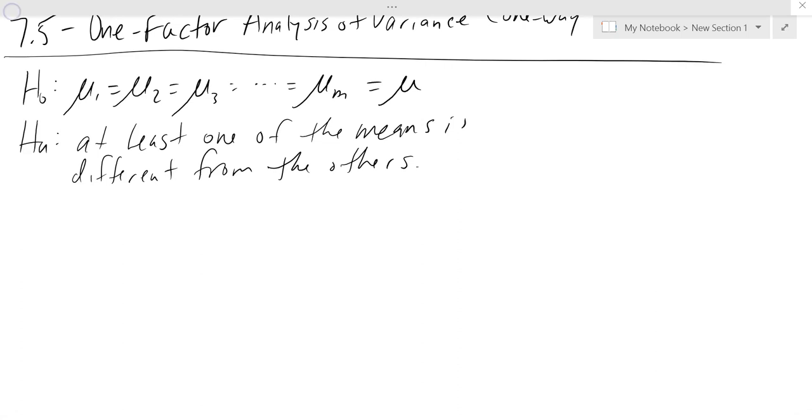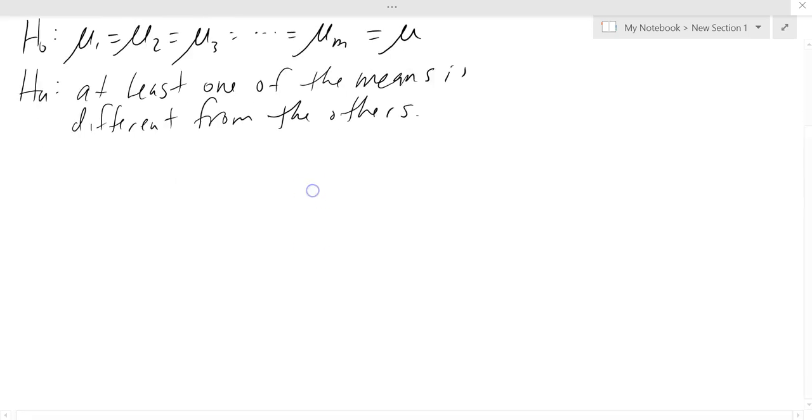All right, so how does the test go? Again, we're thinking about our entire population cut into different pieces. So we can think about doing a sample from piece 1, a sample from piece 2, all the way down to a sample from piece M. I'm just going to basically write out what the table looks like in the book.